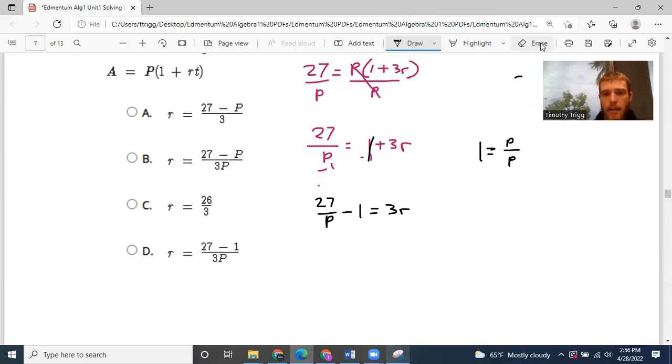Well, that means I could rewrite this 1 as P over P, and we can actually combine these two fractions because they're subtracting. I need the same denominator. So I could rewrite this left side as 27 minus P over P. And then again, over here, we have 3R.